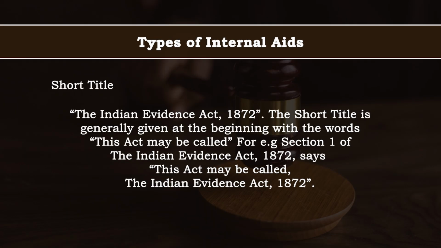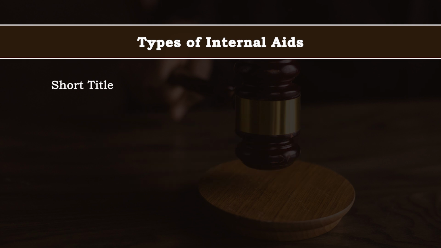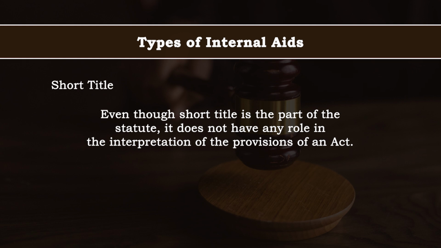The short title is generally given at the beginning with the words, "This act may be called so and so." For example, Section 1 of the Indian Evidence Act 1872 says, "This act may be called the Indian Evidence Act 1872." Even though the short title is part of the statute, it does not have any role in the interpretation of the provisions of an act.